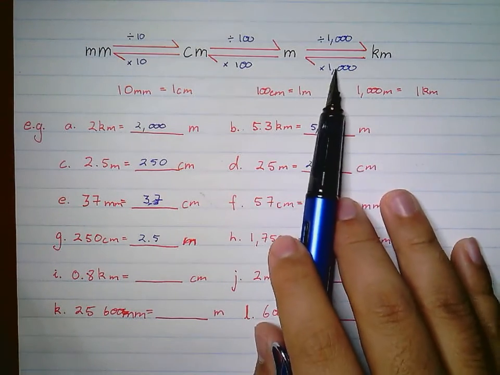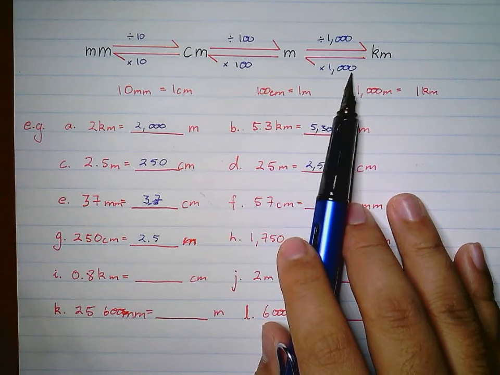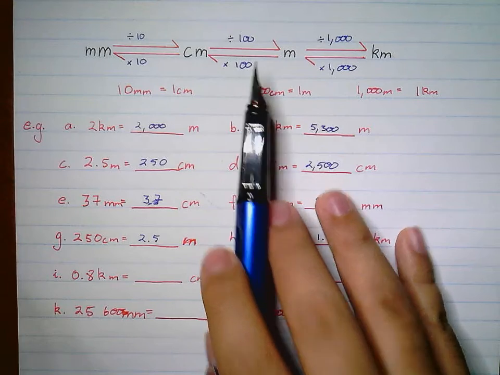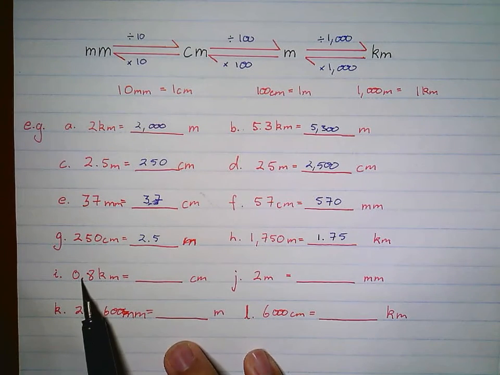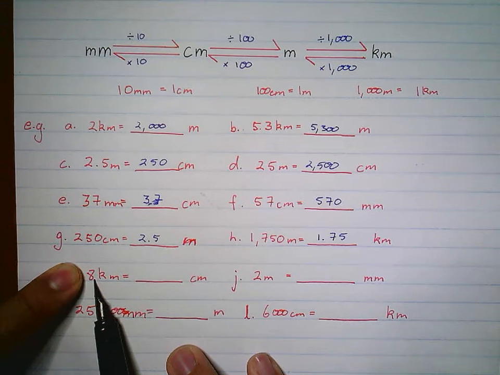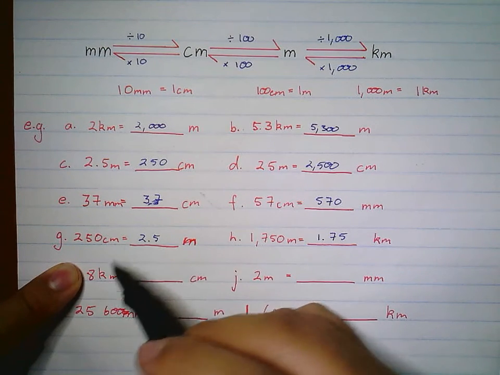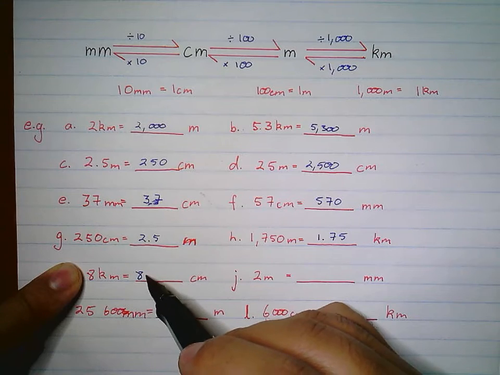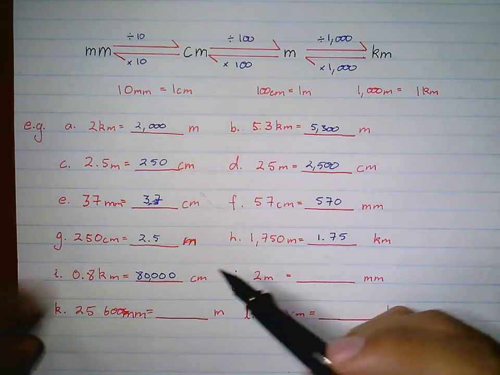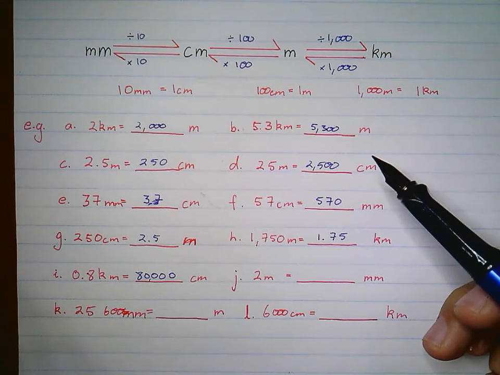So multiplying by 1,000 is 3 decimal places, and 100 is 2 more, 5 decimal places in total. So we need 4 more zeros after the 8. 80,000 centimeters.